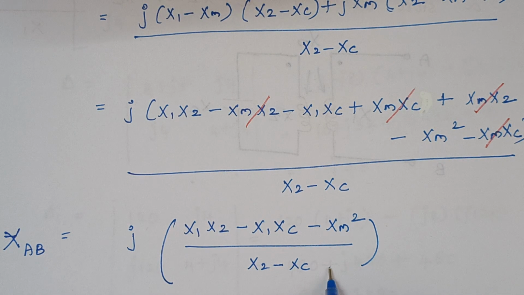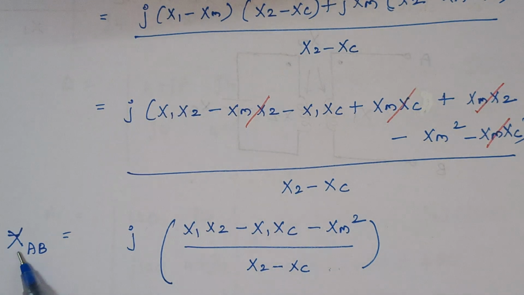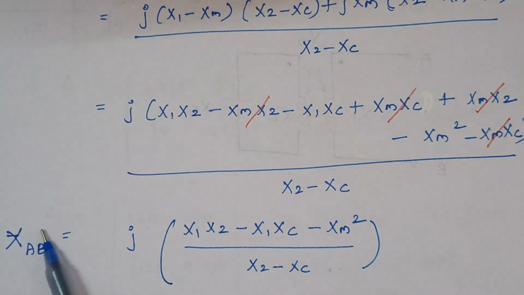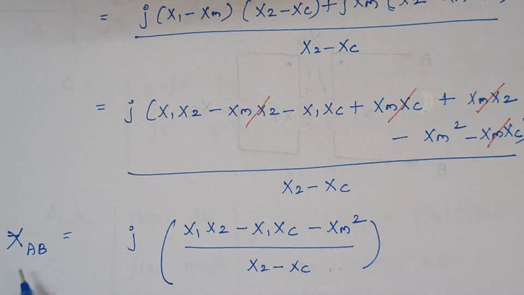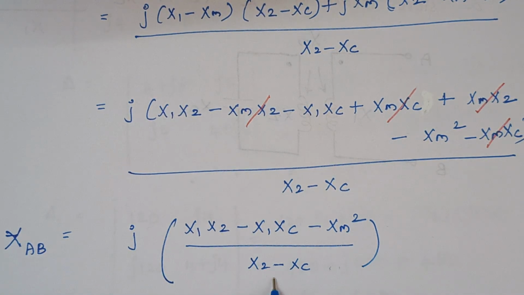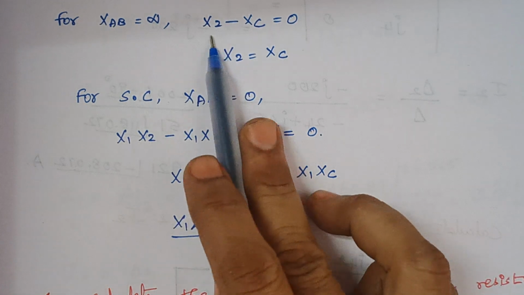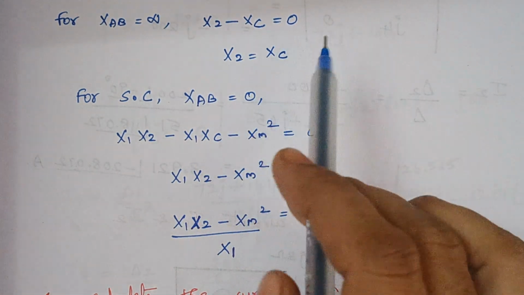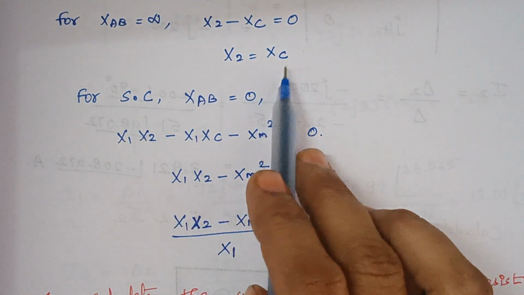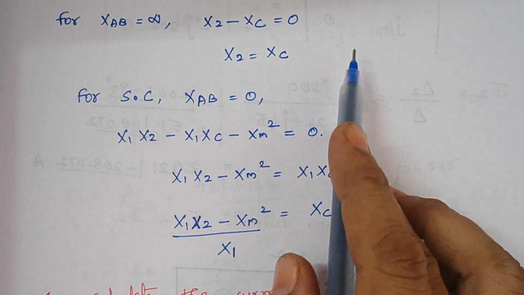That is, we have to make the expression Xab infinity, and that happens when the denominator term is 0. So the denominator is made 0, therefore the condition is X2 equal to Xc. Under this condition, the circuit will behave as an open circuit.